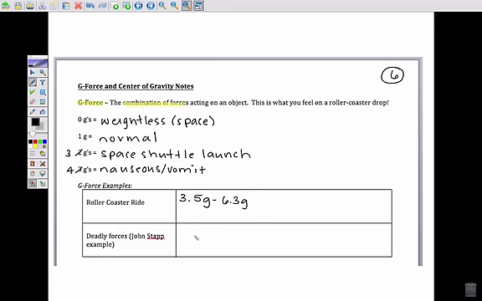Now, G-forces can be deadly, and typically they go from 16 G's to 50 G's. That's a really big range, but it depends on the length of your exposure. So being exposed to 16 G's for a long time is like being exposed to 50 G's for a very short time.